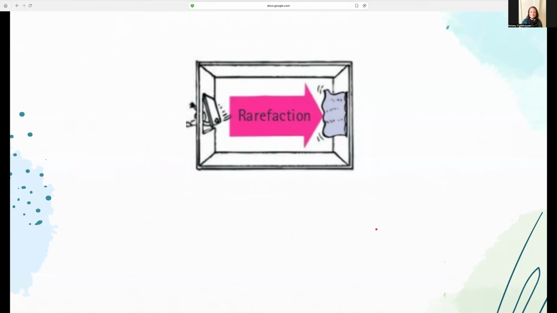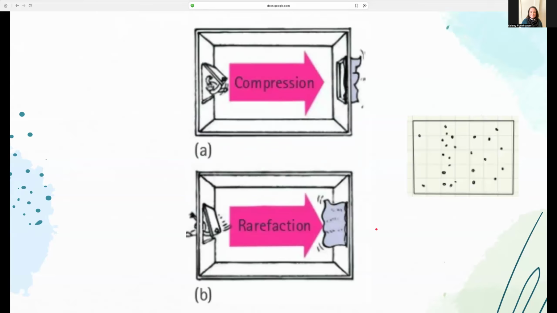But this area of less compression is called rarefaction. So we had compression when we open the door and rarefaction when we close the door. And both of those are sending waves through the air molecules specifically.